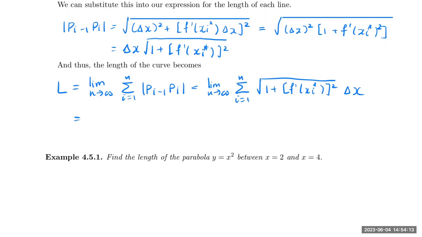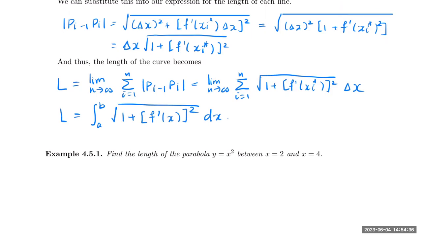So we would actually just get the integral from a to b of the square root of 1 plus the derivative of f of x, whole thing squared and square rooted, dx. So that is going to be the length of a curve. So this is the arc length of a curve.